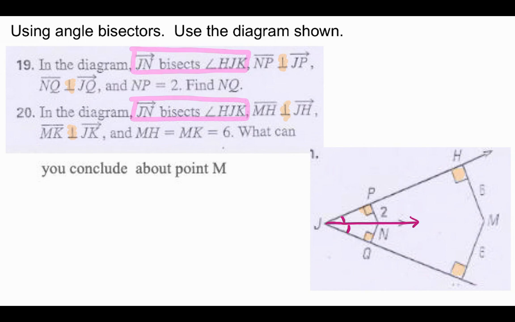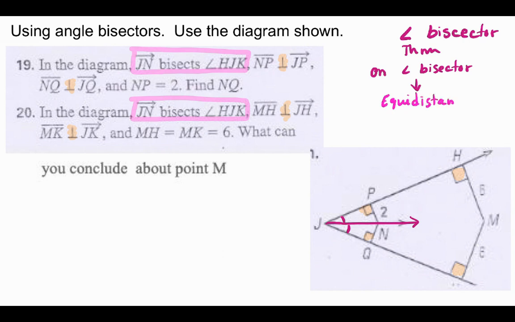And remember, with perpendicular bisectors, angle bisectors, so our angle bisector theorem is that if it is on the angle bisector, then it's going to be equidistant from the sides of the angle.